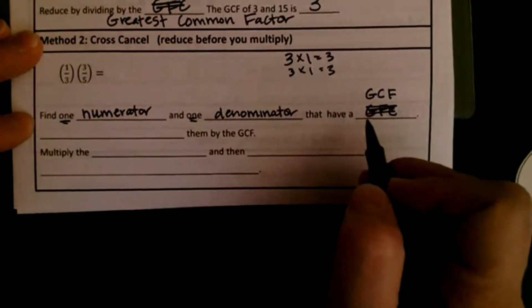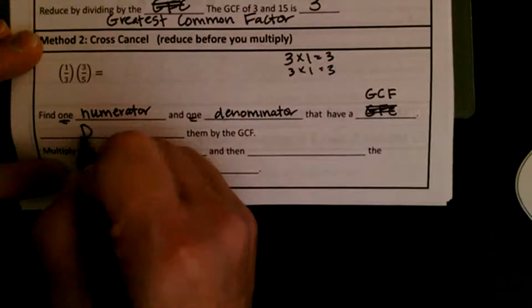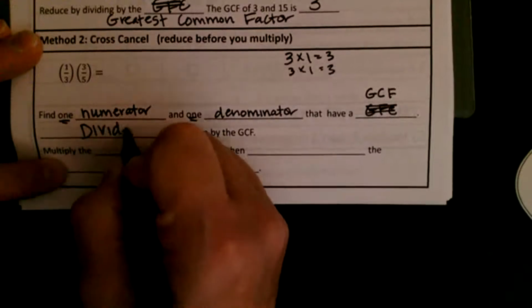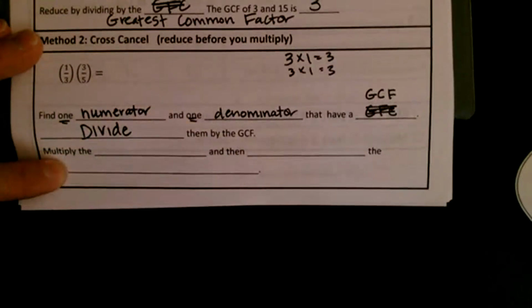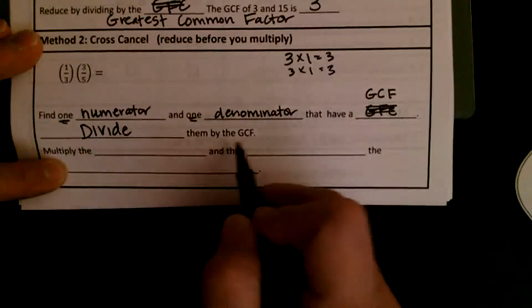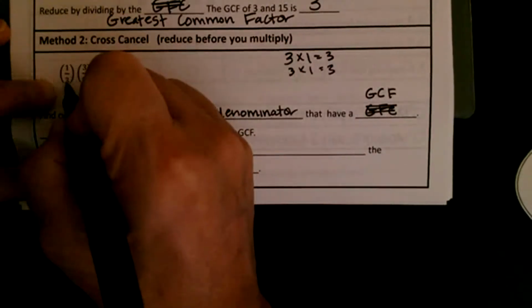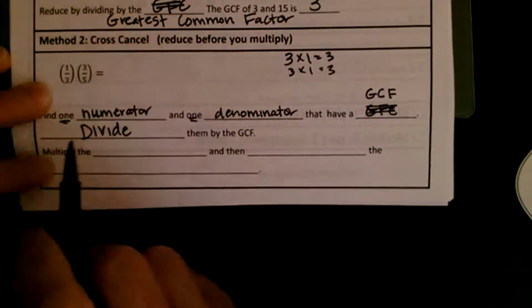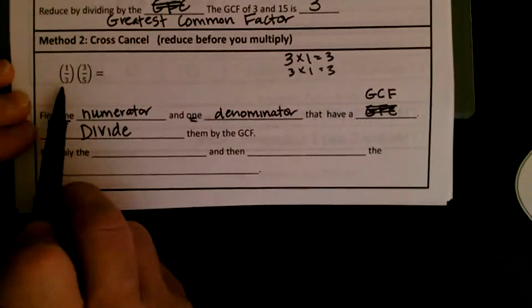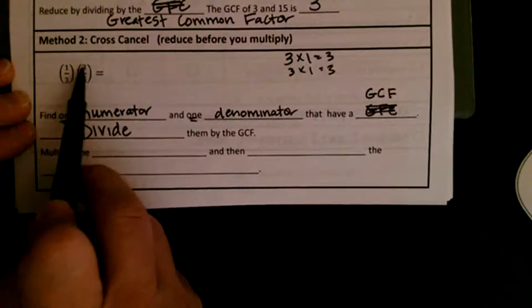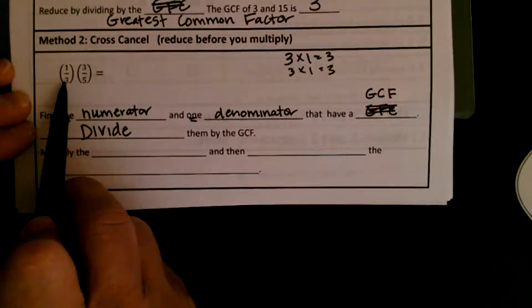so if they have a GCF, I divide the one numerator and the one denominator by the GCF, okay? So I'm going to divide this 3. 3 goes into 3 how many times? Okay, my fingers are in the way, sorry. This 3 and this 3, okay? One numerator, one denominator.